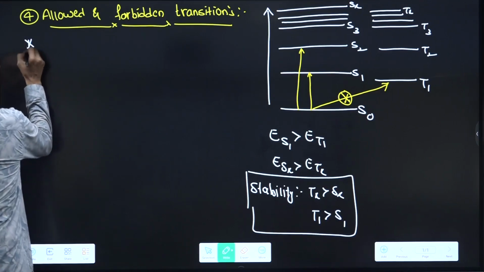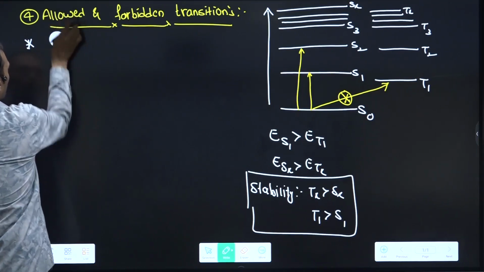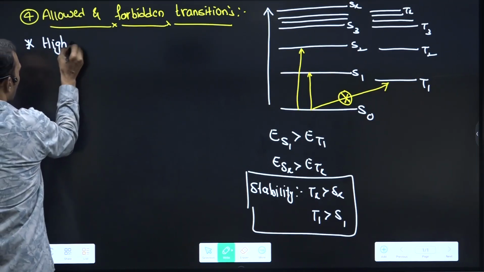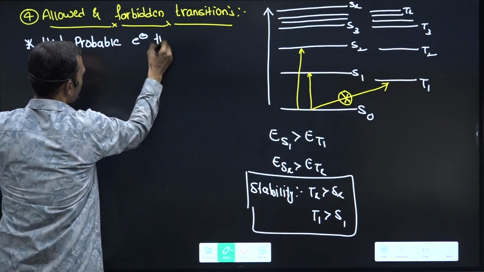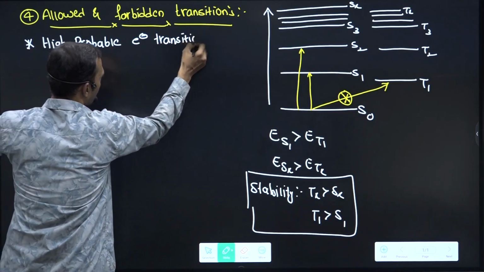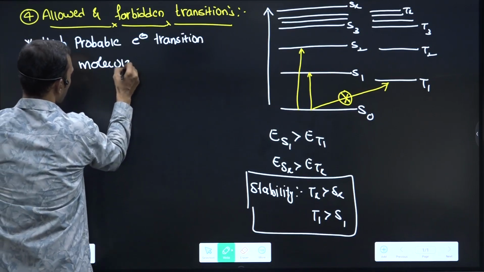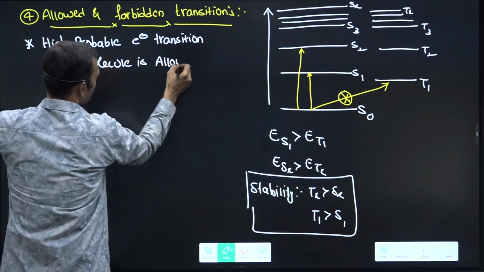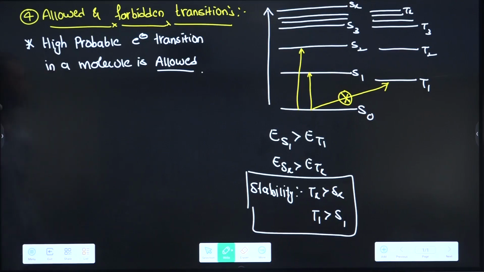Right. See what is allowed? A highly probable electronic transition in a molecule is allowed. That is the meaning of allowed. It means it is the most possible electronic transition.